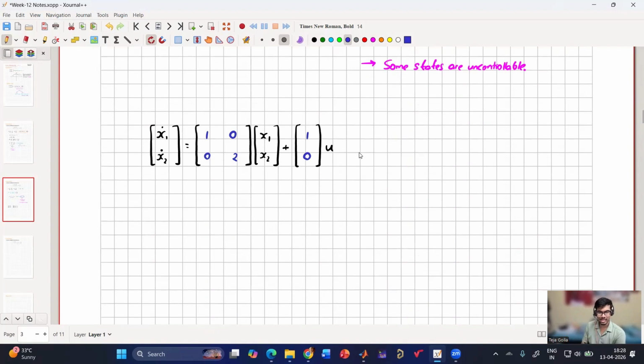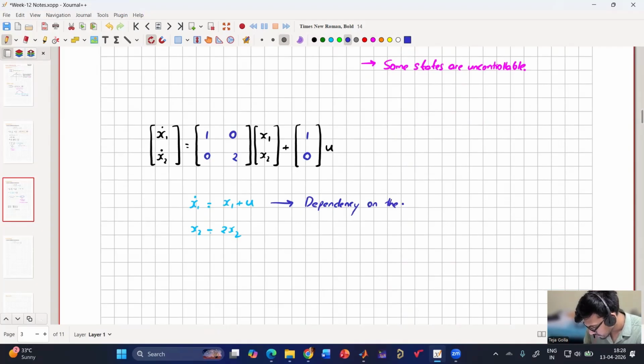So let us write the individual equations. From there we can understand which is controllable, which is not. So x1 dot is equal to x1 plus u, and x2 dot is equal to 2x2. So here you can see there is a dependency on the input.